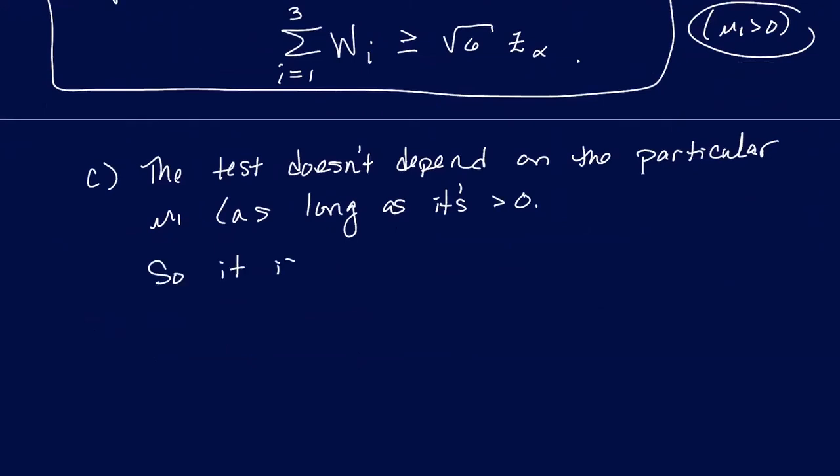So it is the uniformly most powerful test, or I just say UMP, for the null hypothesis that mu is 0 versus the alternative that mu is greater than 0. And so we're done with part C.